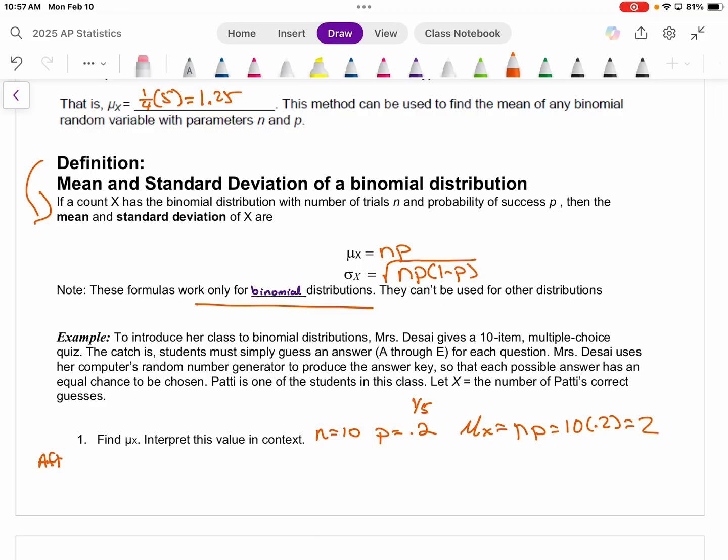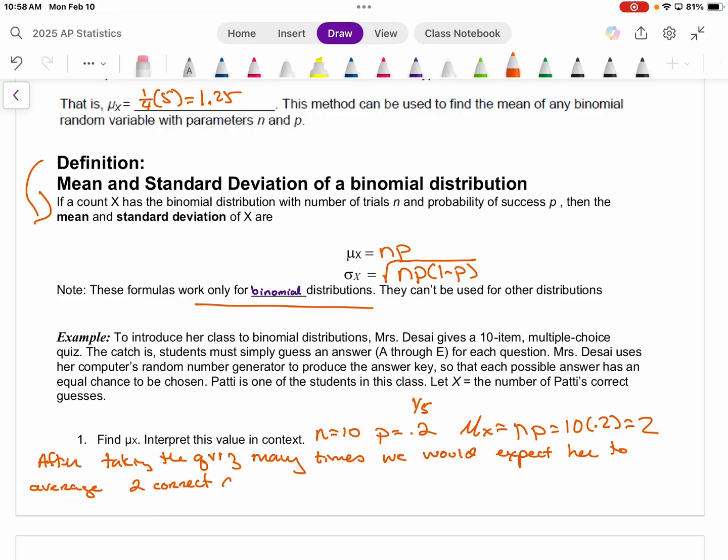So here's the interpretation. After taking the quiz many times, we would expect her to average 2 correct questions.